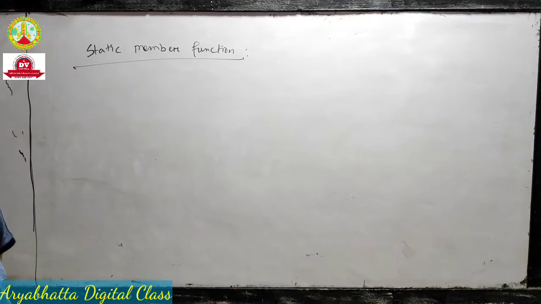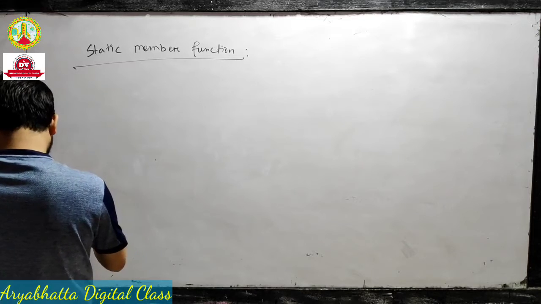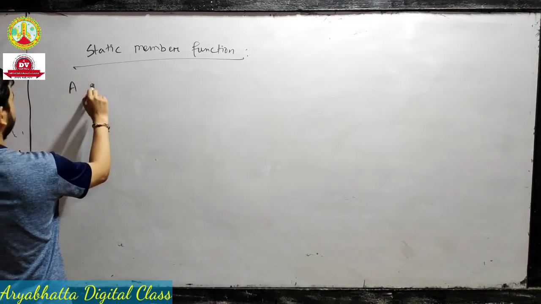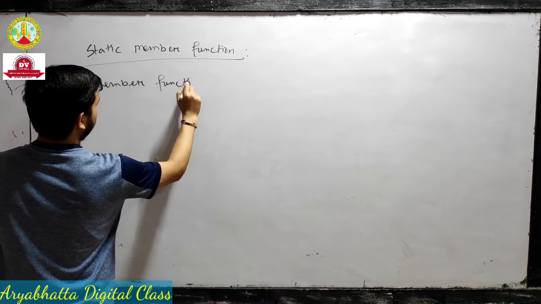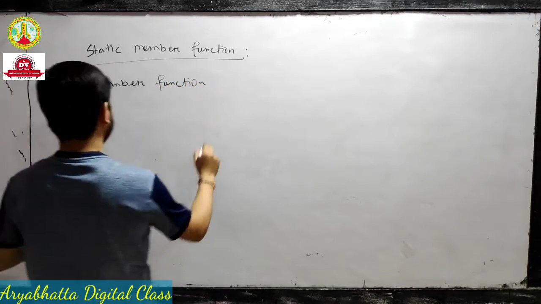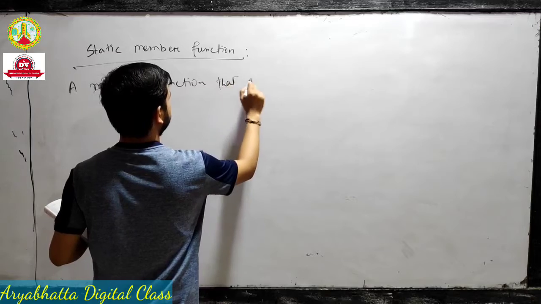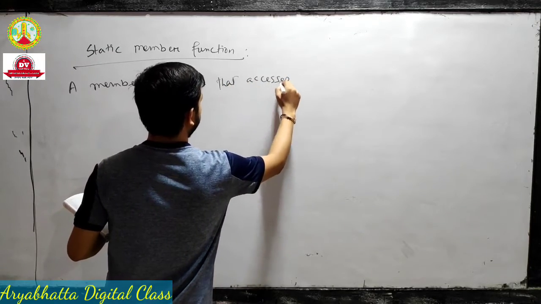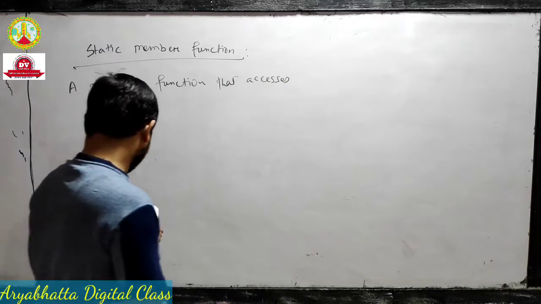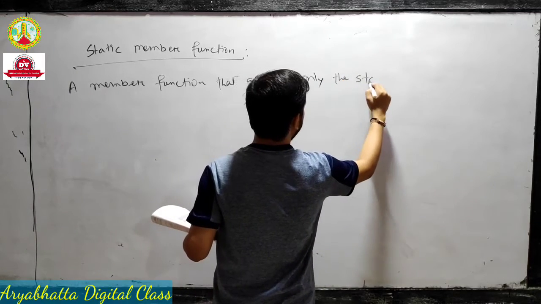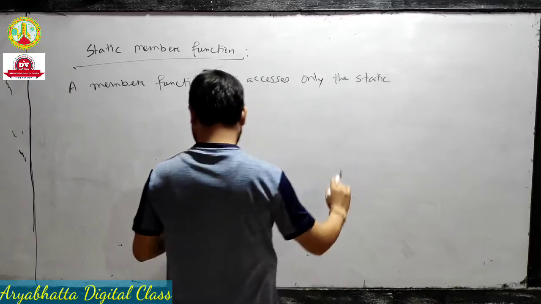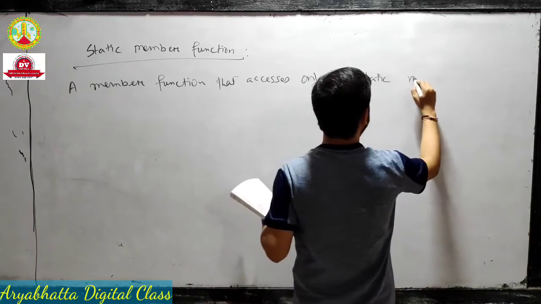Write down: a member function that accesses only the static members of a class.